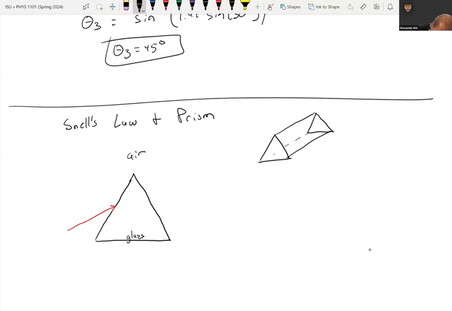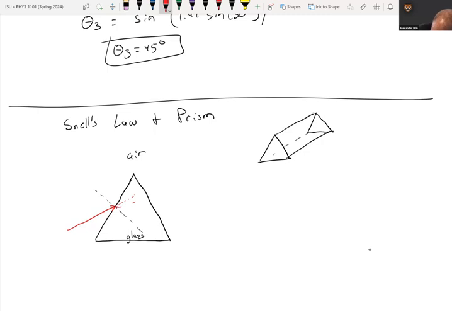But what I would do if I wanted to understand this, first thing I would do is draw a perpendicular at the point the ray enters. And then I would do a dotted line to show which direction it would go. And what I know is it's going to bend towards the perpendicular, towards that dotted black line.